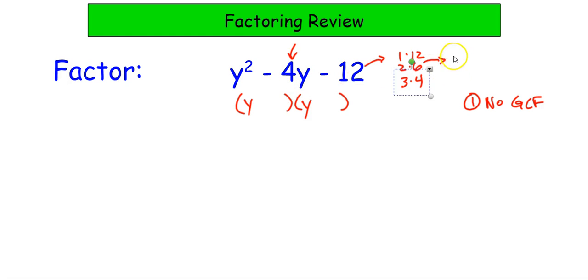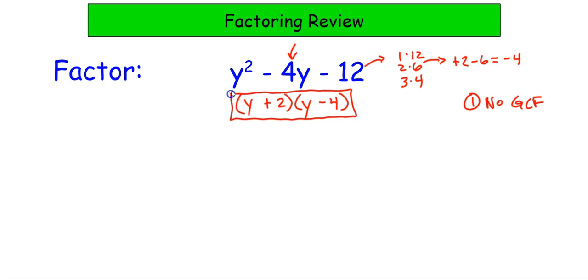So if I do a positive 2 and a negative 6, that's going to give me a negative 4. And that's the combination that I need to use. And that's going to be my factored form for this one. Again, you can check with FOIL if you'd like, but it should give you back exactly what we started with.